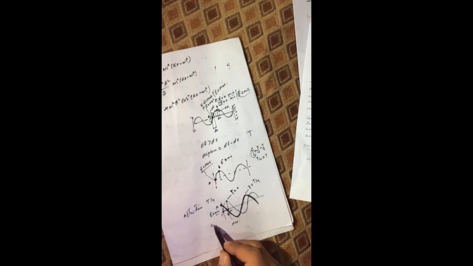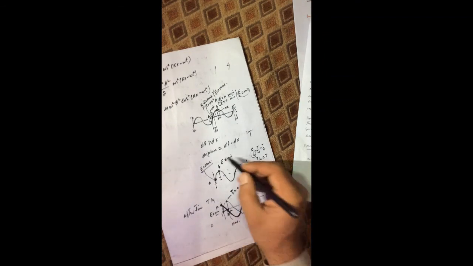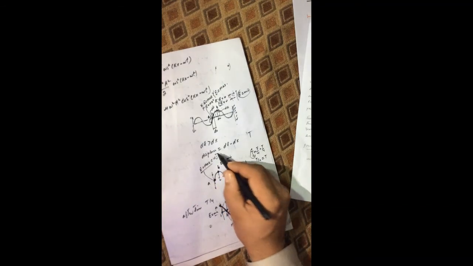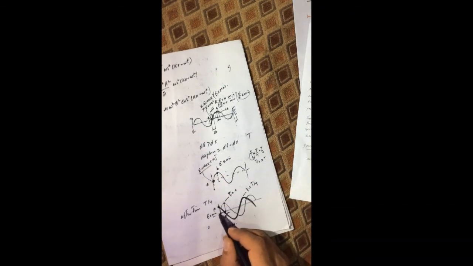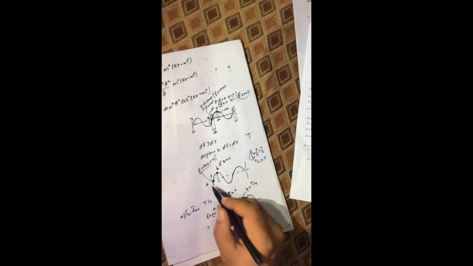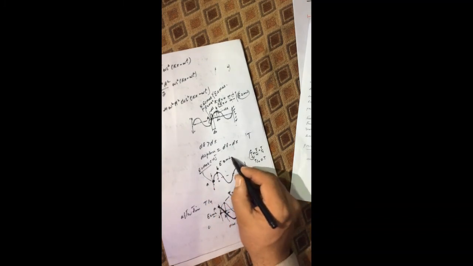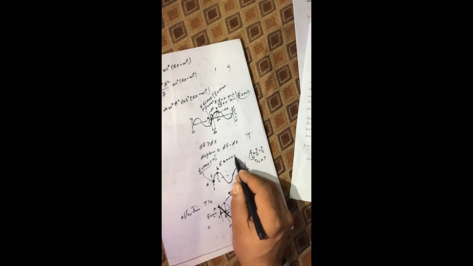Let's say the maximum energy is 10 joules. Before, this particle had 10 joules and particle B had 0. Now particle A's energy becomes 0 and particle B's energy becomes 10 joules. In this way energy is transferred from one point to another in a wave motion.